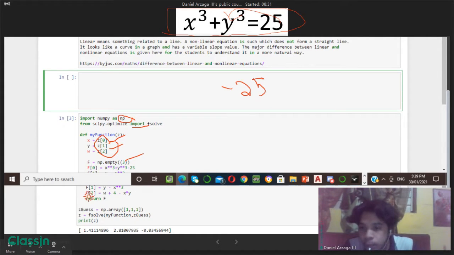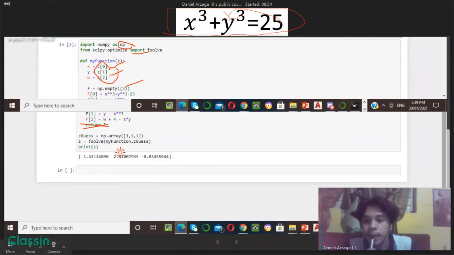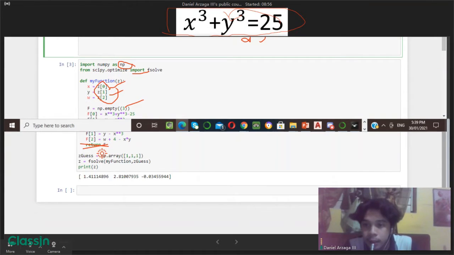Tapos dito sa f bracket 2 is equals y plus 4 minus x times y. So, after nyon is mag-code ka na return f. Tapos after nyan is zguess equals to numpy in a return.